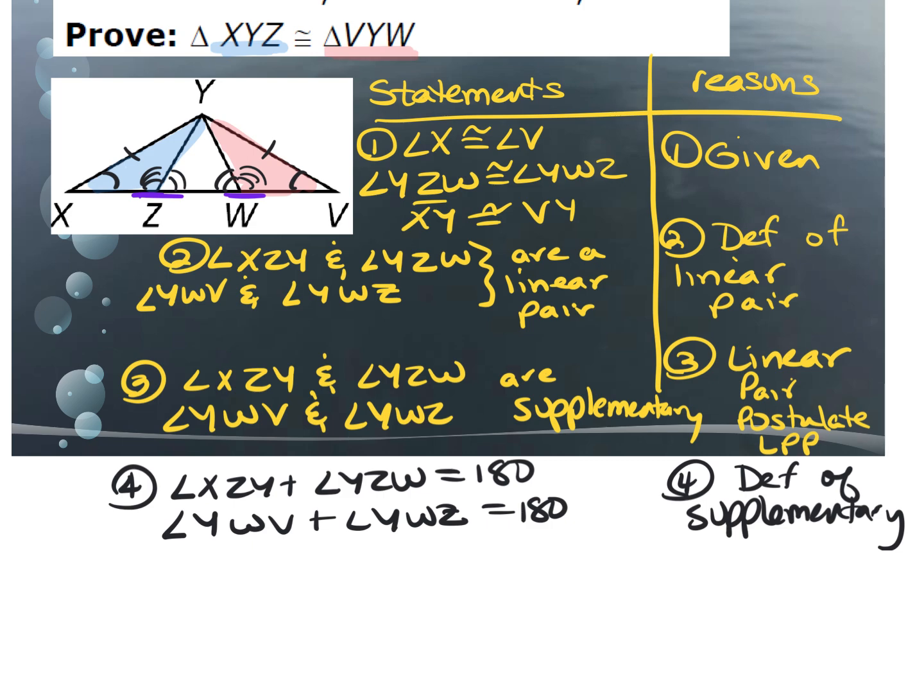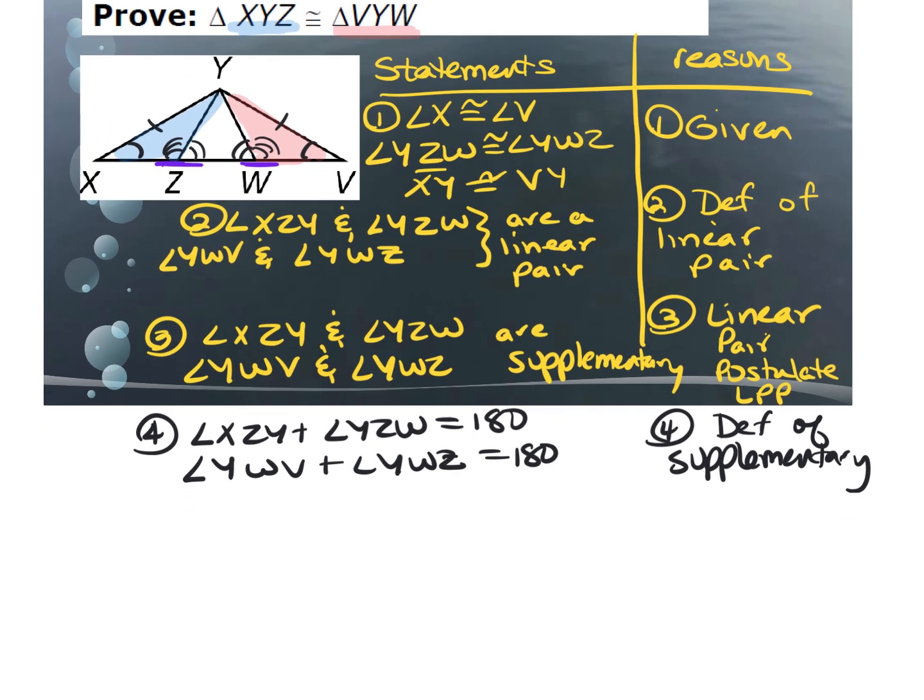Next, what I'm going to do is a substitution. Because this is equal to 180 and this is equal to 180, what I can do is take the blue and substitute it, or set these two equal to each other. Or think of this as transitive.